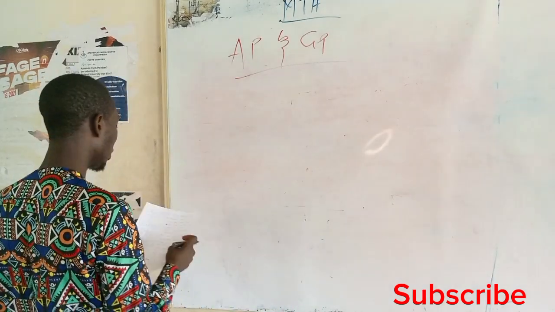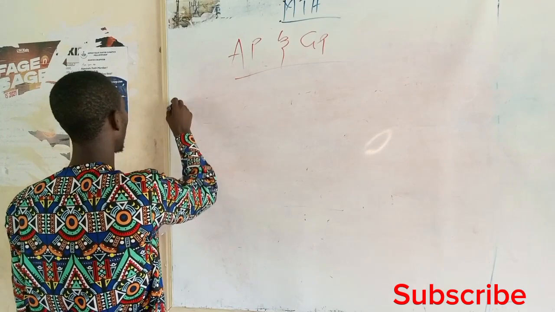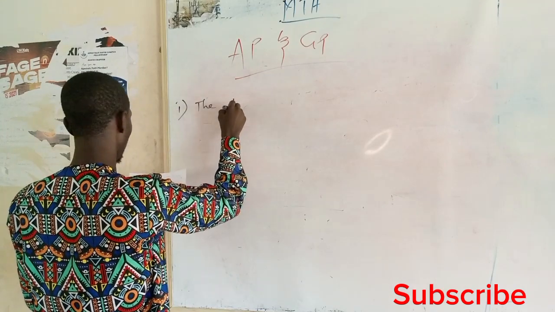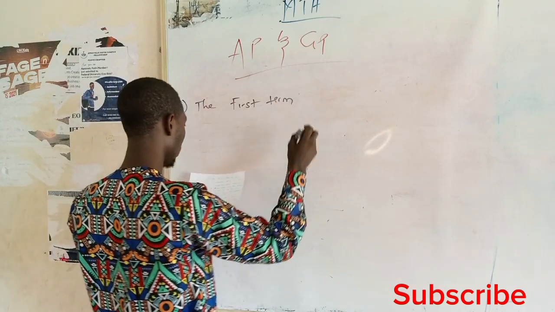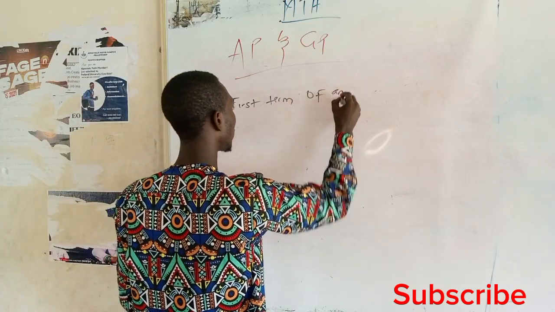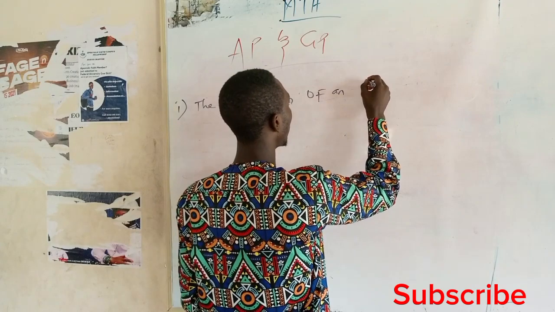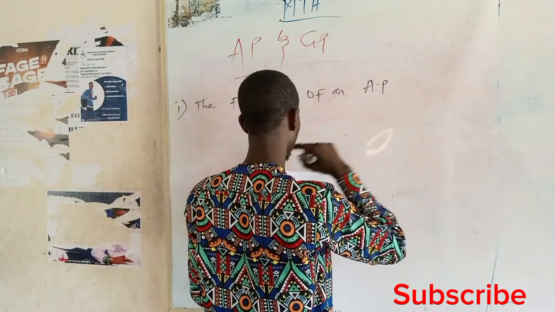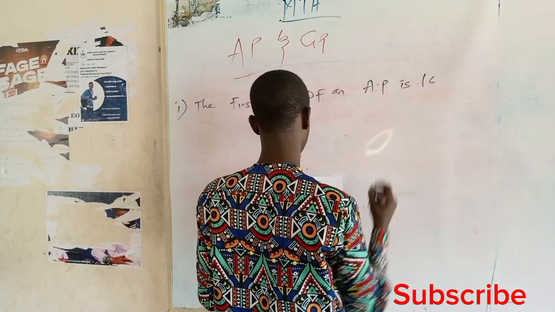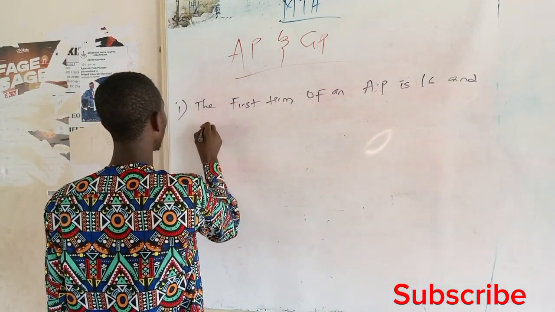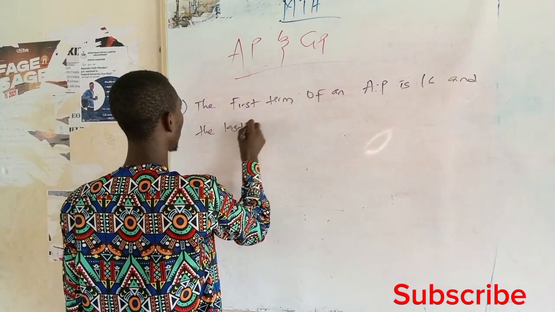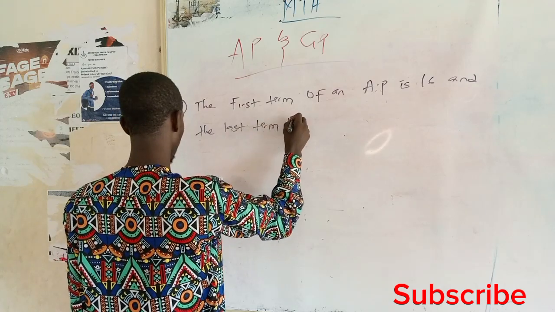So now the first question is: the first term of an AP is 16 and the last term is 16.